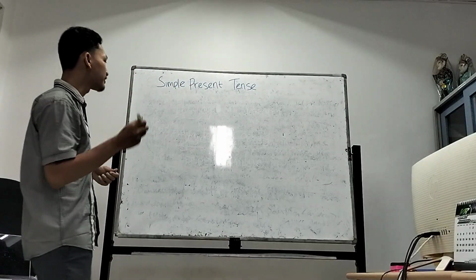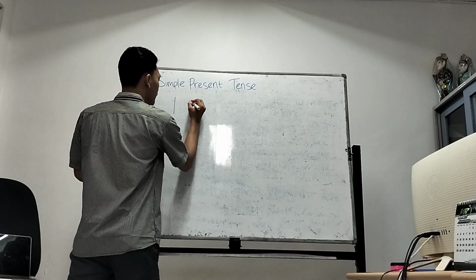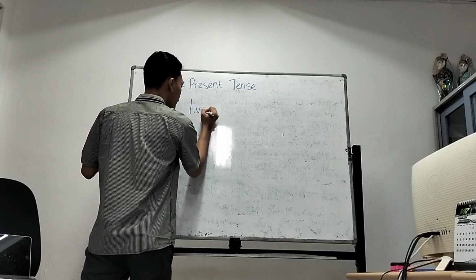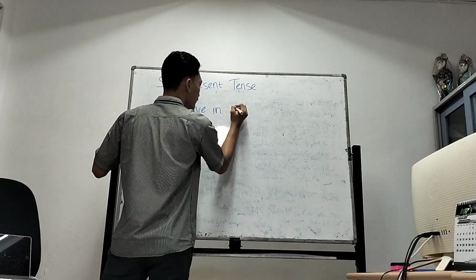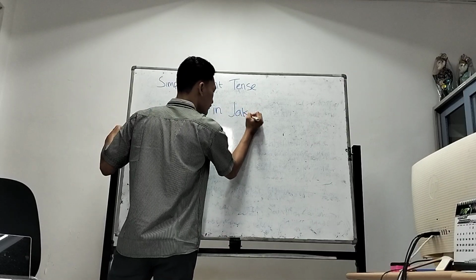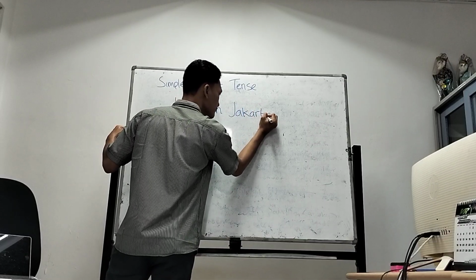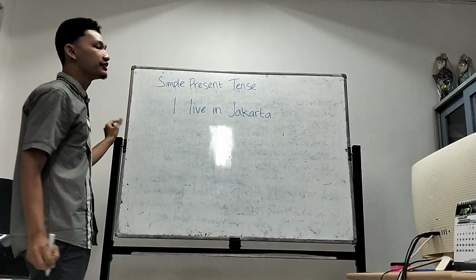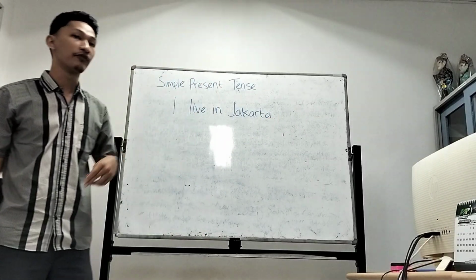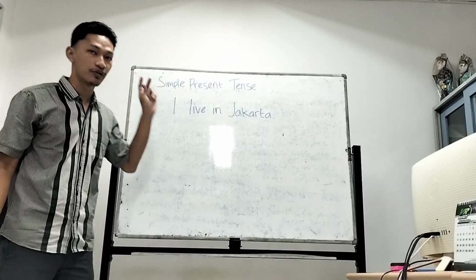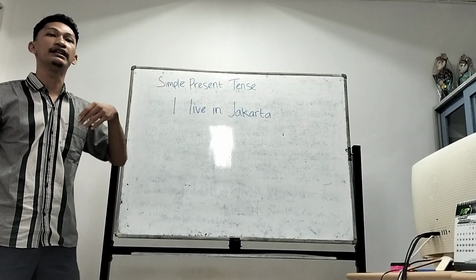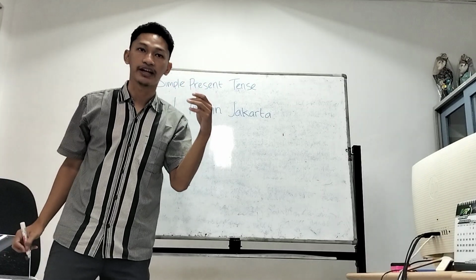I have one example for you here. I live in Jakarta. Remember, in the previous meeting, we have learned about pronouns. So a pronoun can be a subject in a sentence.